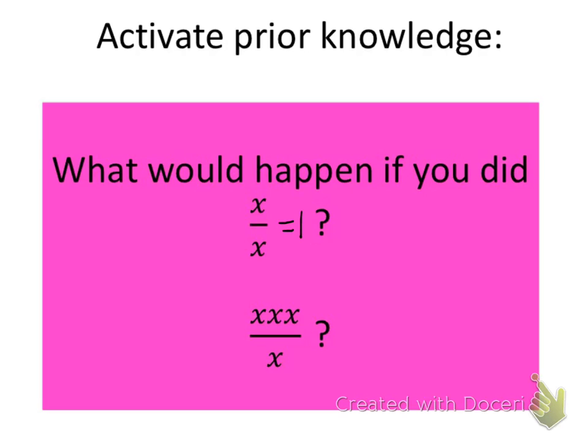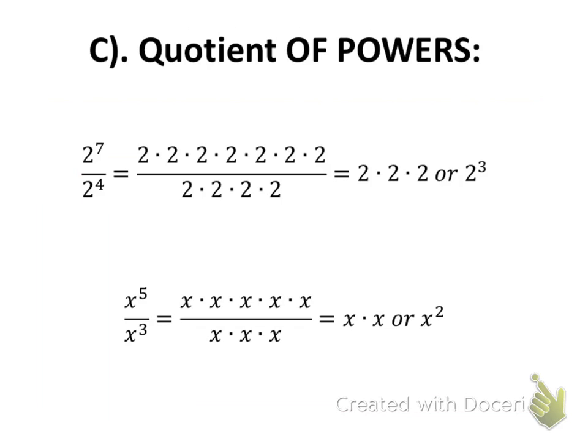And why is that? Well, because think about if we had 3 divided by 3, that would give us 1. Each x on top cancels out an x on the bottom. So if I do x times x times x divided by x, one of these x's on both parts is going to get canceled out, and we're simply going to be left with the 2 other x's that were on the numerator.